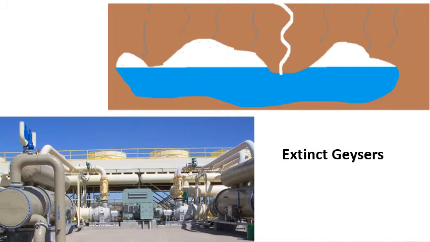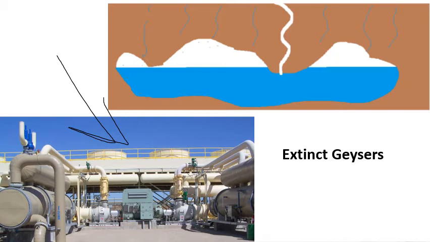Now, something else can happen. There was a set of geysers in Nevada, and what they did was they came and they built this thing here. They collected the hot water from under the ground and they used it to make electricity. They were using the steam from the hot water to make electricity. The problem was that cut down the pressure in the hot spring that caused the water to come to the surface.